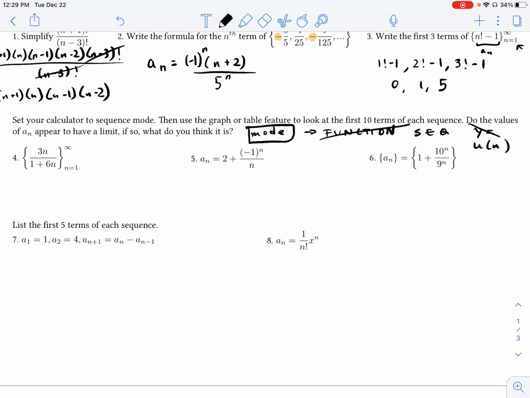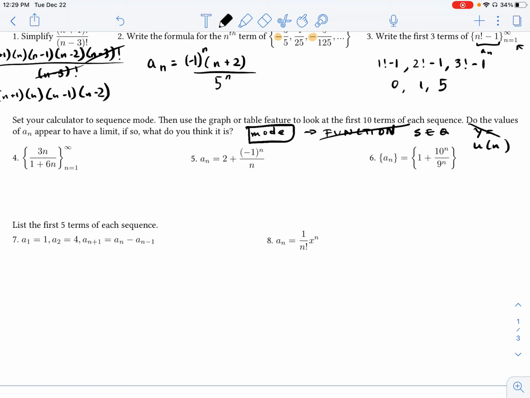And again, you don't have to do this. You could just enter in these functions as they are and start looking at what's happening with these values. And if you even needed to, you could put these functions into Desmos right now and look at their graphs and start thinking about, all right, as n increases towards infinity, what is going on there? What are these outputs doing?